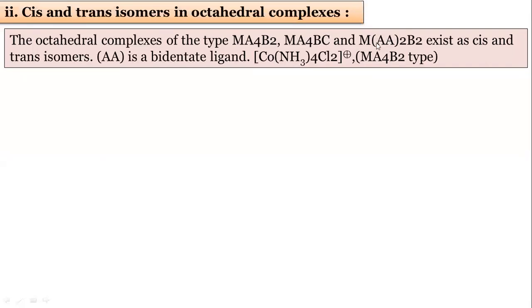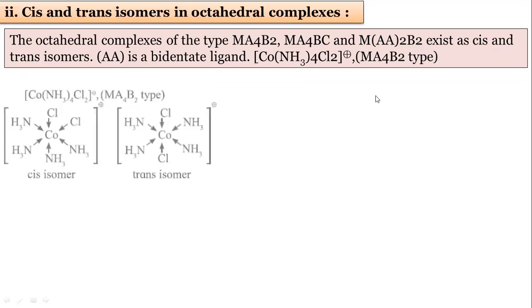When AA is shown doubled, it is a bidentate ligand. Remember, there are 3 types of octahedral complexes we will see. The first one is the MA4B2 complex, the second is the MA4BC complex, and the third is MAA2B2. These complexes we will discuss first.